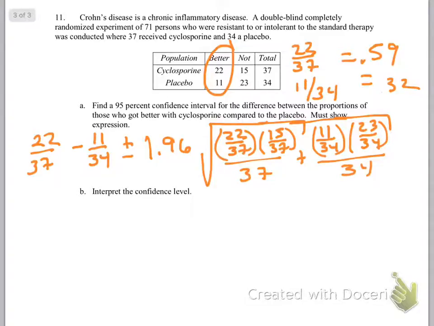Okay, so now I'm going to go to my graphing calculator, and I'm going to put in 22 divided by 37, and then 11, 34, and it's going to be 95, and calculate, and I get 0.0480 to 0.4941.